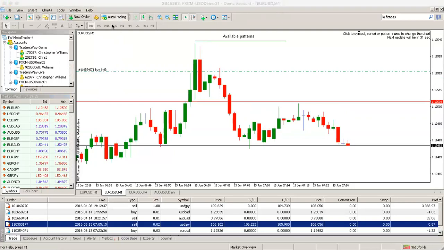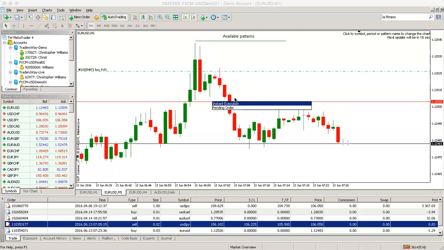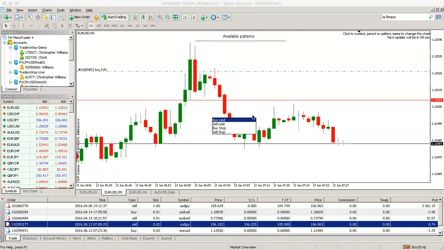But yeah, that's how you put in orders. And if you don't see the actual volume that you want to use, you just type it in. I don't suggest using $20, but this is how you do it. And this is something you want to put in for a pending order. If you're going to sleep, or you want to look at charts all day, just put a buy limit in there.